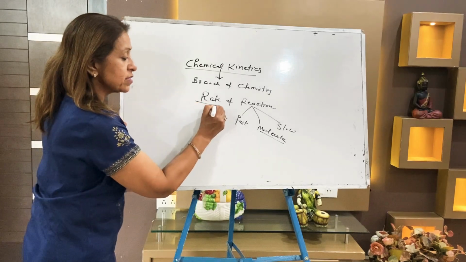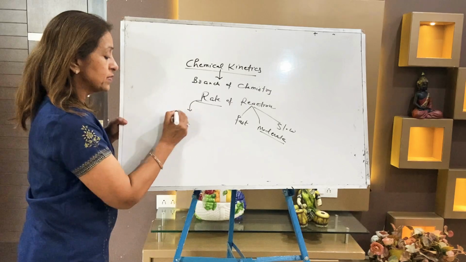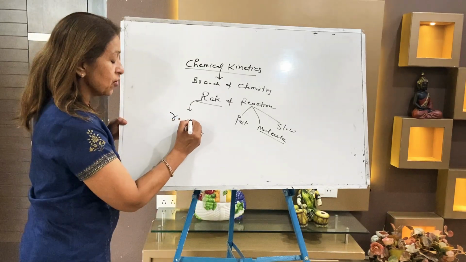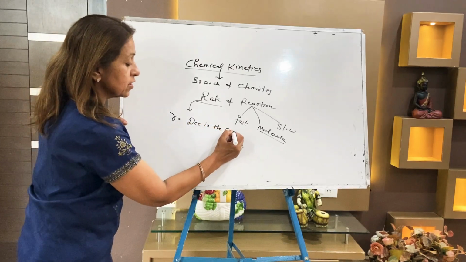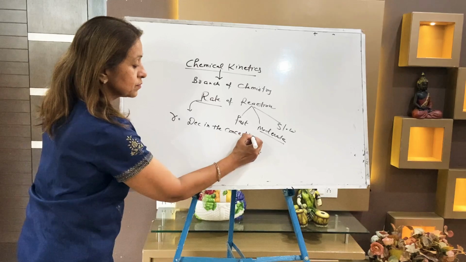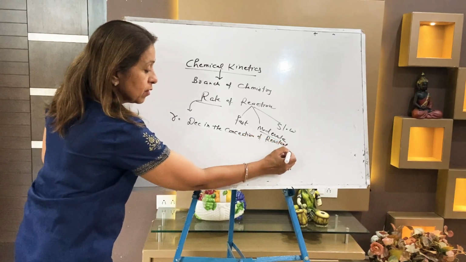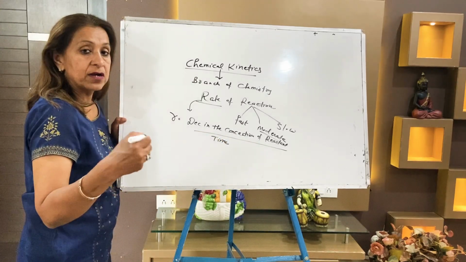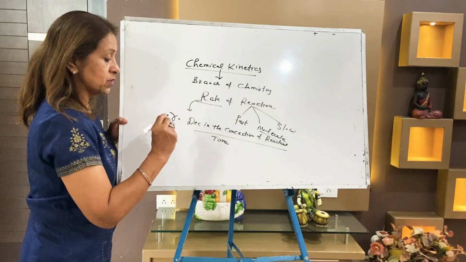Now the first question is, what is the rate of reaction? Rate of reaction is represented by a small letter r. It is a decrease in the concentration of reactant per unit time. When time passes, reactant concentration decreases and product concentration increases.